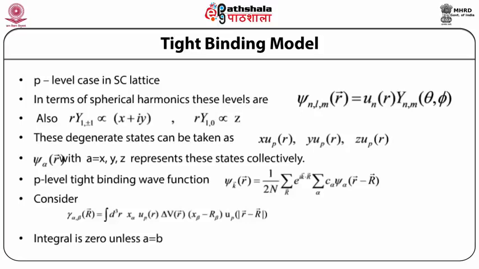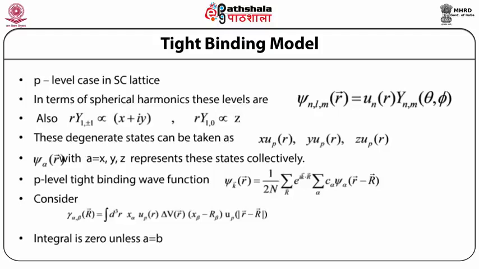So we can equally well take these degenerate states to be x, y and z, collectively denoted by psi alpha. Alpha is x or y or z, that is, along the three axes. They are no longer eigenstates of the angular momentum, but that does not matter as the crystal potential does not have spherical symmetry. For crystals with cubic symmetry, the above linear combinations are very useful, as we see below.